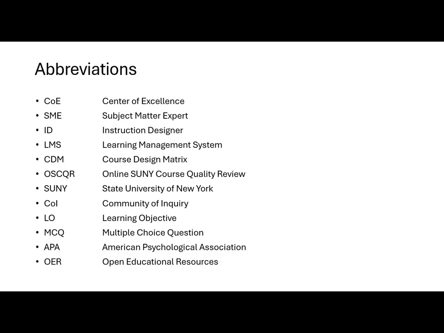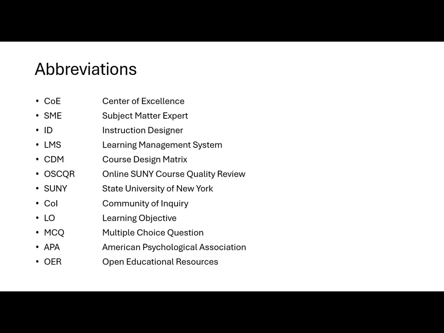I made this list of abbreviations because American people like to use abbreviations, and for those who are watching my video and don't know the meaning: Center of Excellence, subject matter expert, instructional designer, learning management system, course design matrix, and online SUNY course quality review, where SUNY is the State University of New York.